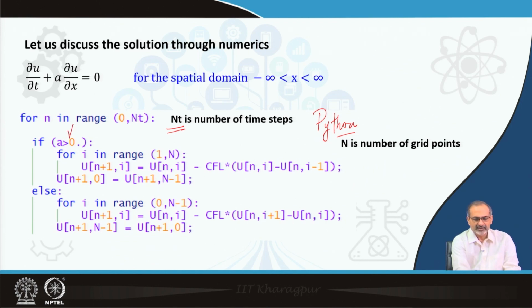And it starts with an if statement where A is greater than 0. That means you have a wave moving towards the positive x direction, and then n is the number of grid points that you have considered in the domain. And for that entire range of grid points that you have from 1 to n, you are trying to carry on this calculation by discretizing this governing partial differential equation with an algebraic equation.